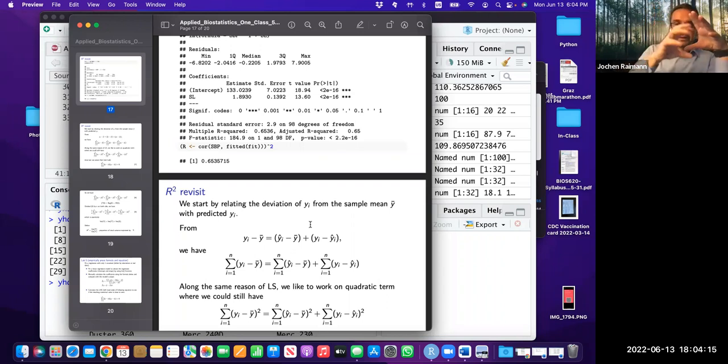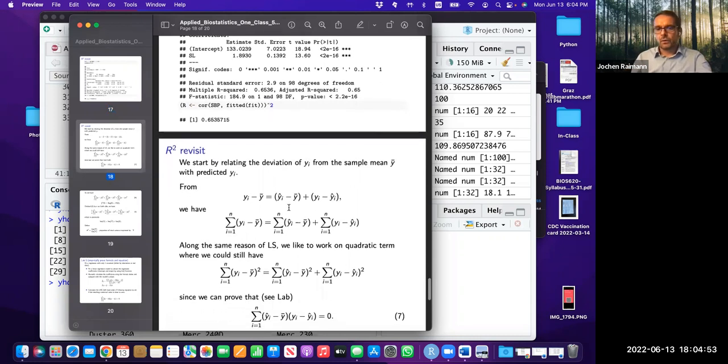Once you have additional parameters, it's not that easy anymore, because you still have the deviations as your underlying basis. These deviations are squared to take the direction out and to magnify the difference between predicted and observed values. Squaring this gets you to the sum of squares, which stands for variability.